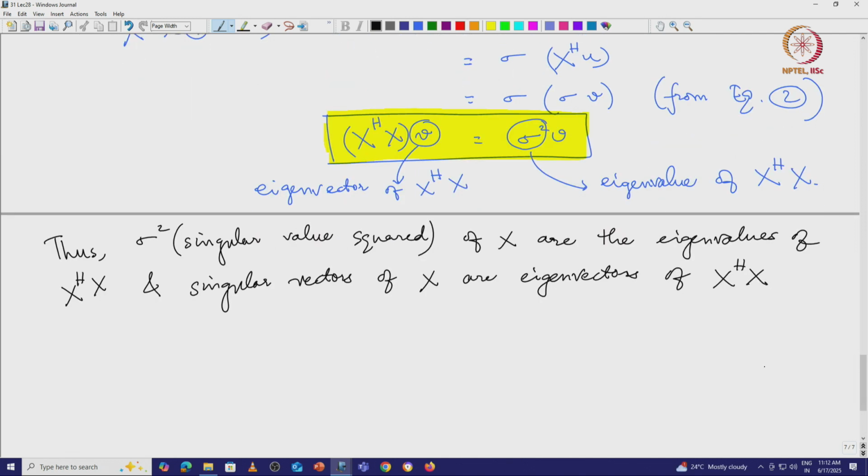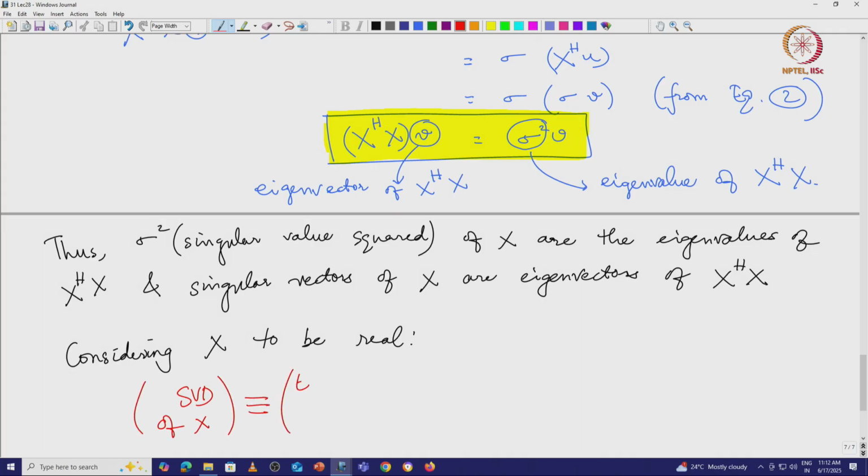Now, let us consider real data. Considering X to be real, what happens? We can write that SVD of X is equivalent to eigen decomposition of X transpose X, and this you know is essentially principal component analysis.